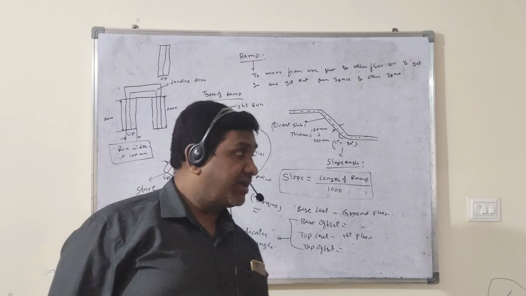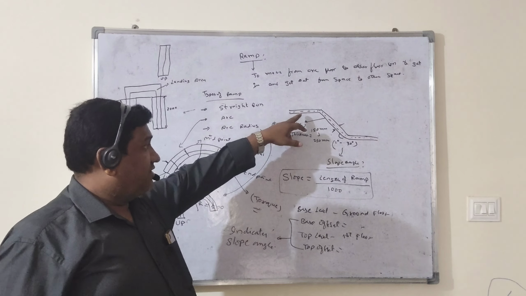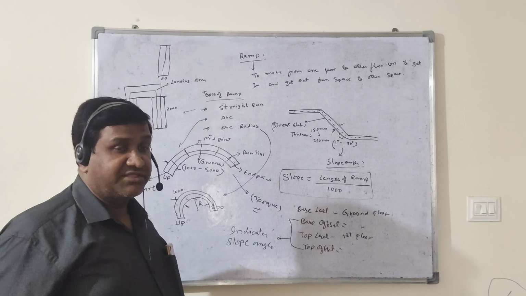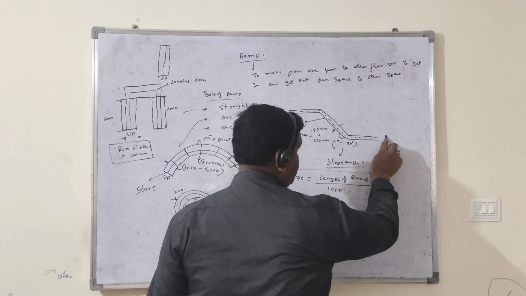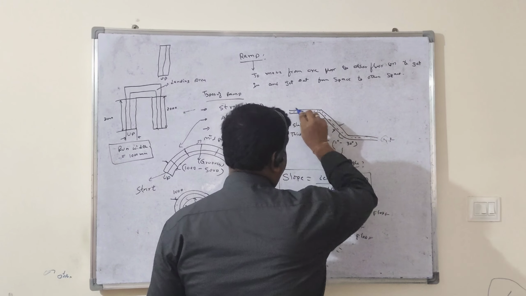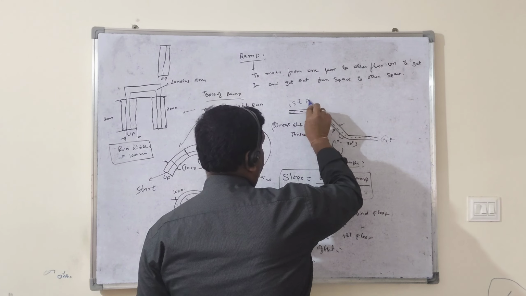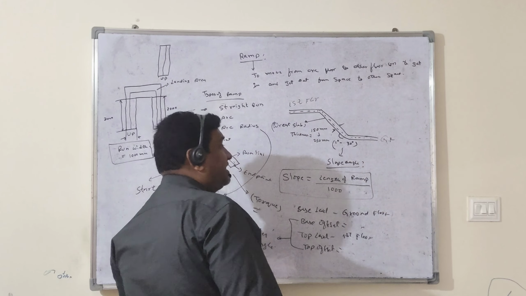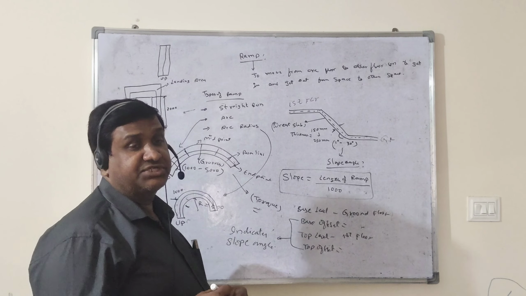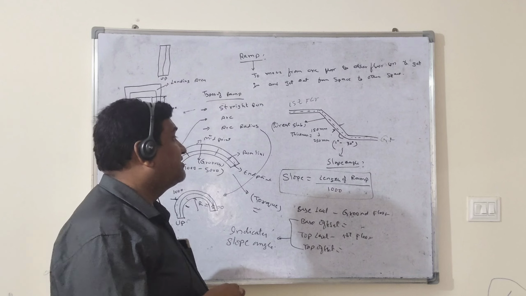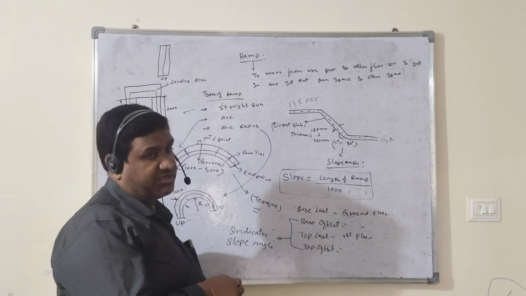So your ramp slab is always going to touch the next slab. If it has a ground floor here and a first floor here, it should touch the floor. So like that we will design this ramp in a project. Okay.